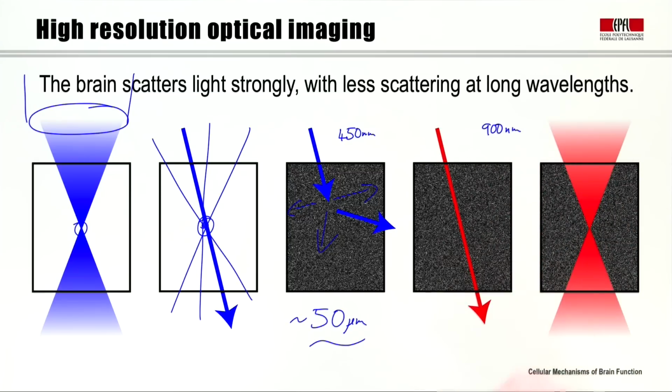And at these longer wavelengths, the brain scatters much less, and it then becomes possible to focus the light at least better than it is for the short wavelength light. And so for infrared light of around 900 nanometers, we have a mean path length of something like 300 microns, and that allows us then to look at least into the upper layers of the neocortex with higher resolution than with the short wavelength blue light.